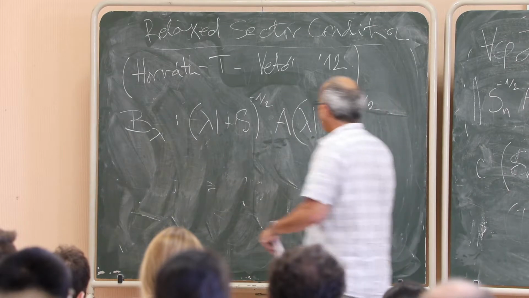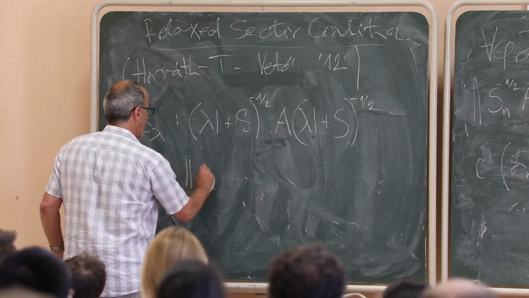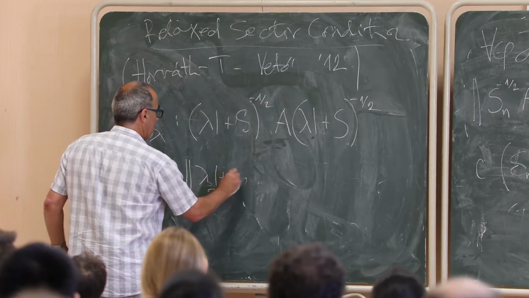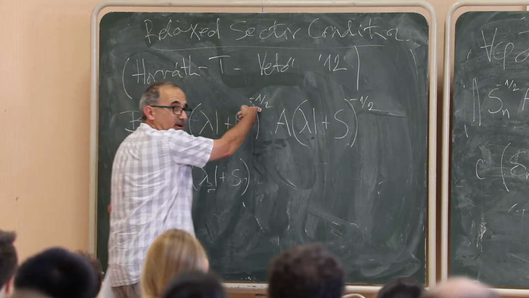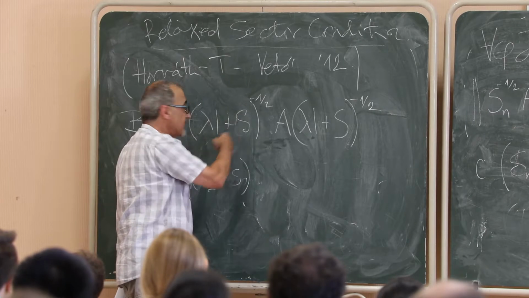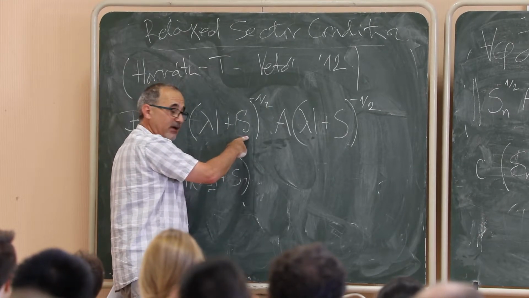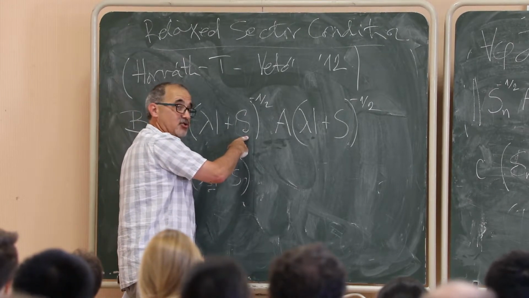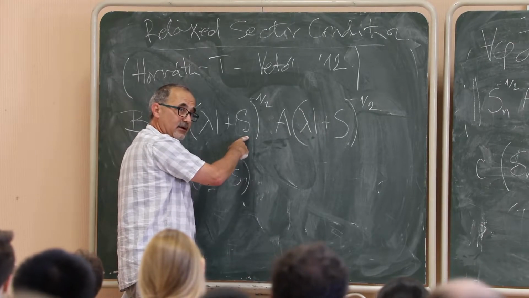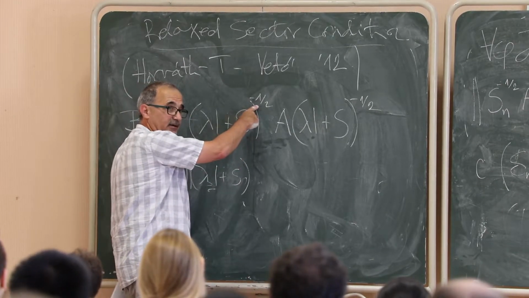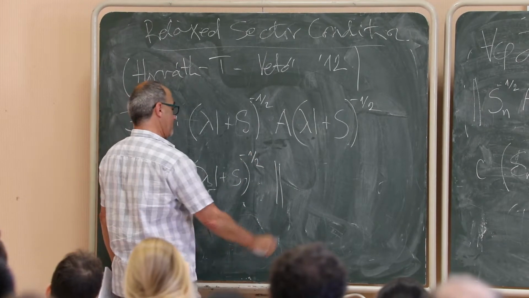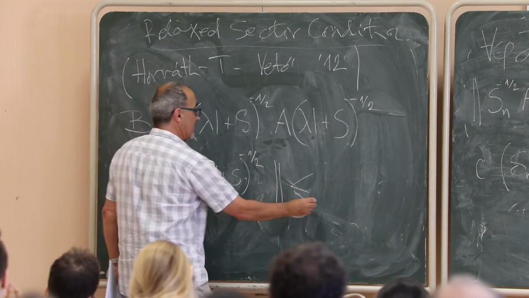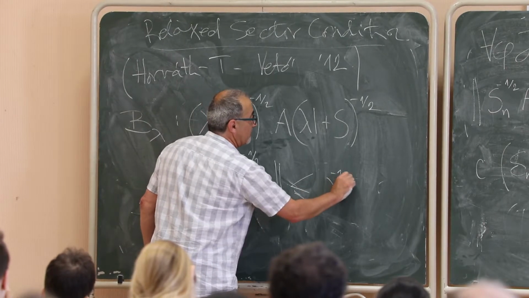So the norm of (lambda identity plus S) to the minus 1/2. By spectral theory, I take this self-adjoint operator. It's a positive self-adjoint operator. It has a square root operator. It has a negative square root operator. By spectral theory, the norm of this will be less than lambda to the minus 1/2.